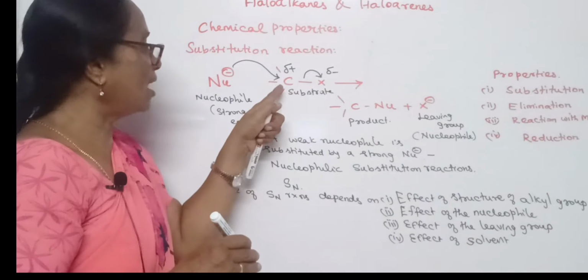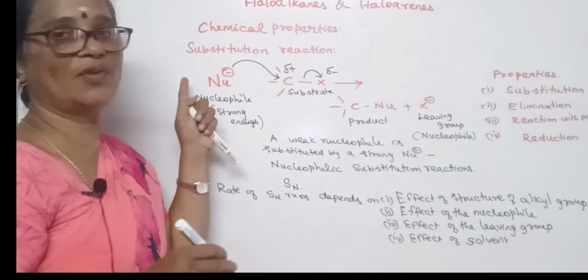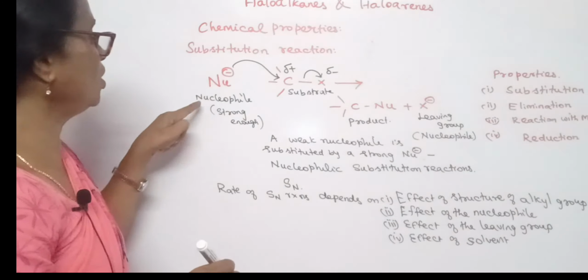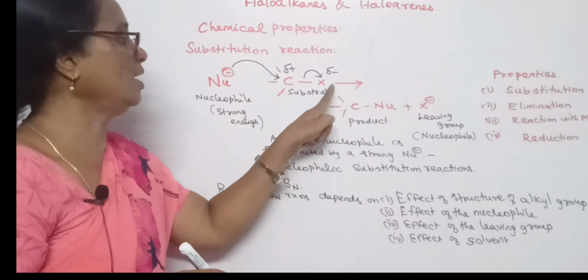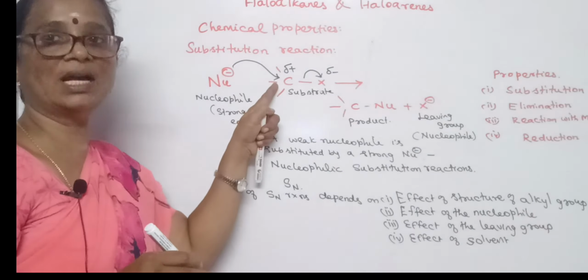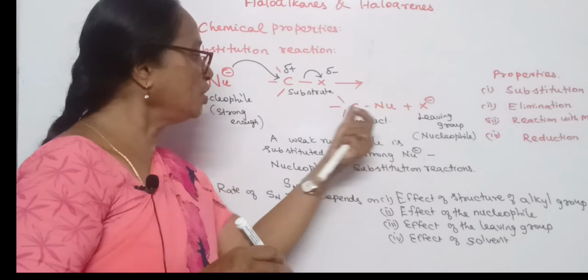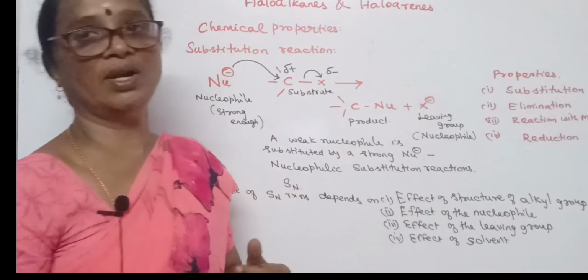So now this dipole has a nucleophilic site and an electrophilic site. The carbon, as it is electron deficient, can seek a nucleophile. When the incoming nucleophile is strong enough, it may be able to replace the weak halide ion attached to the carbon, and hence we get the substituted product along with the leaving group.